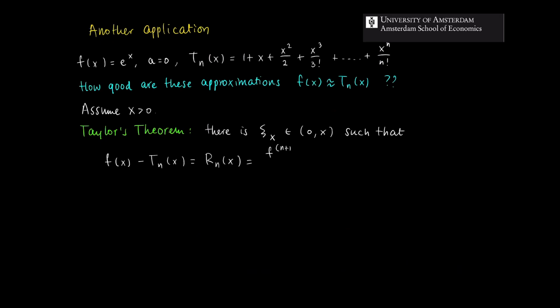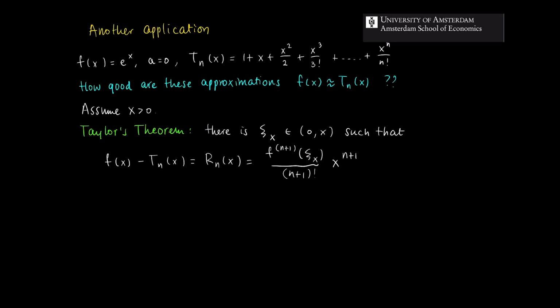Then this is equal to the n plus 1th derivative of f at some point, divided by n plus 1 factorial times x minus 0 to the power n plus 1, which of course equals x to the power n plus 1.